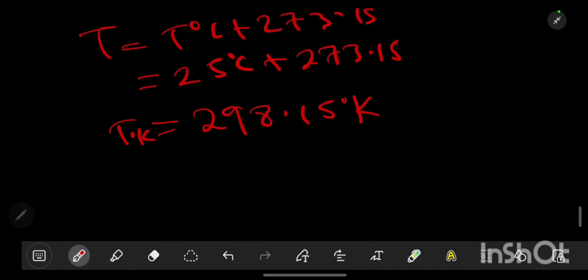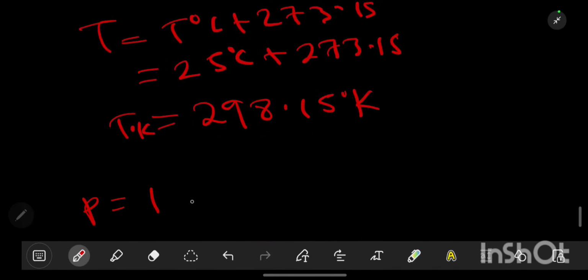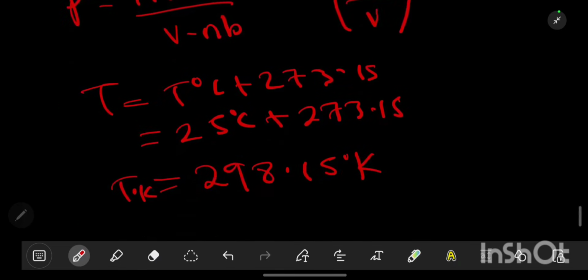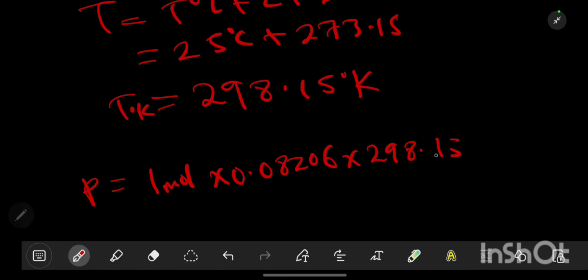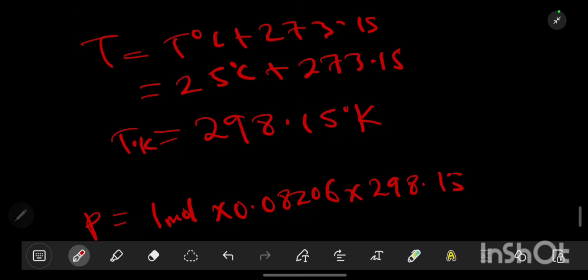The pressure will be equal to 1 mole, times our R, which is 0.08206, times the temperature, 298.15.